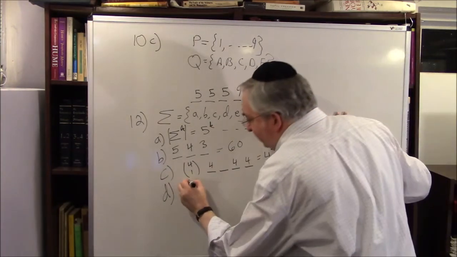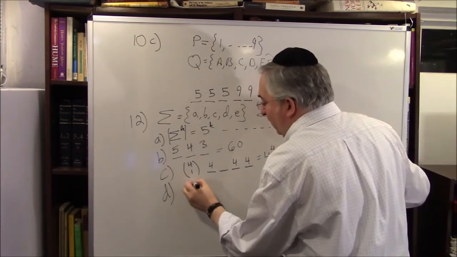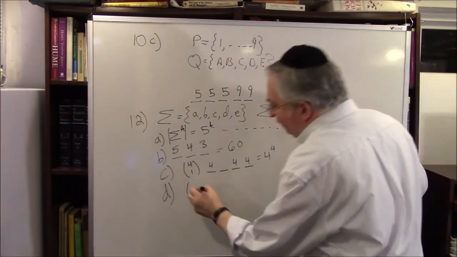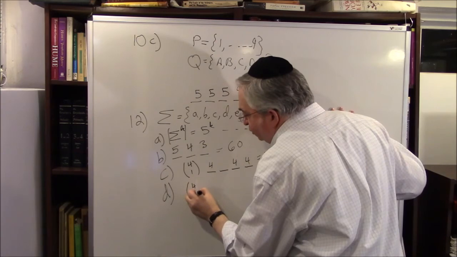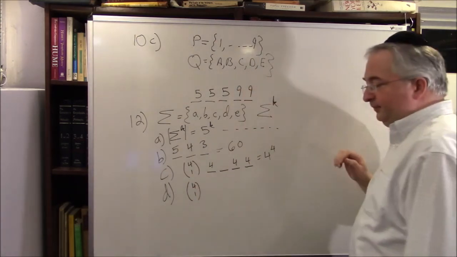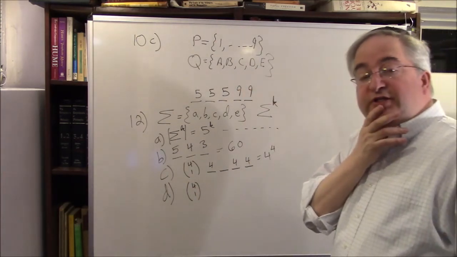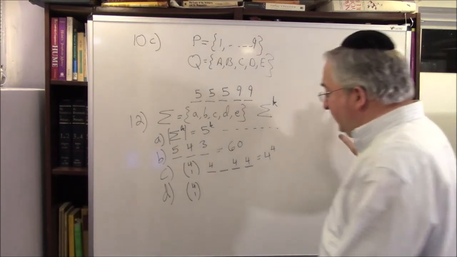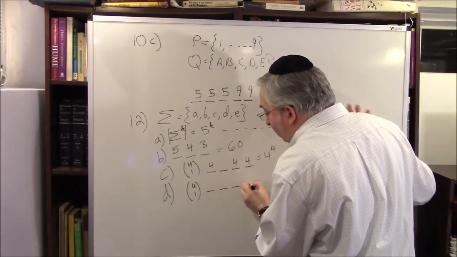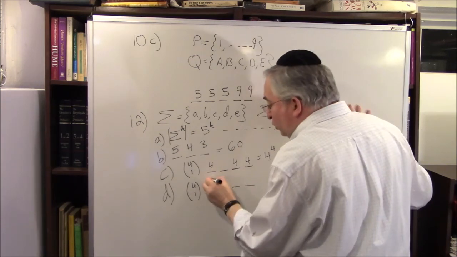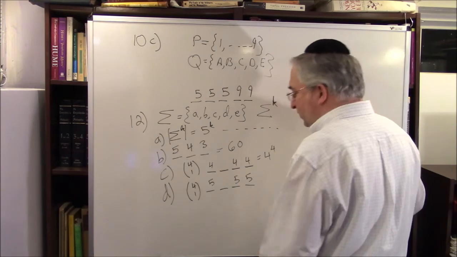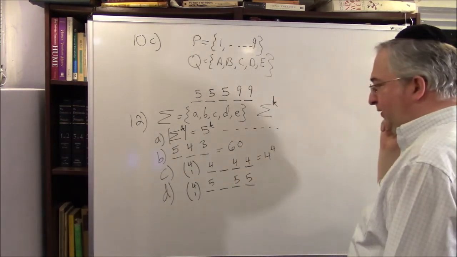So here you have 4 choosing 1. That's where the C goes. But in the other 3 positions, you could have a C, you could have a C, and you could have a C. Now, I might be wrong here.